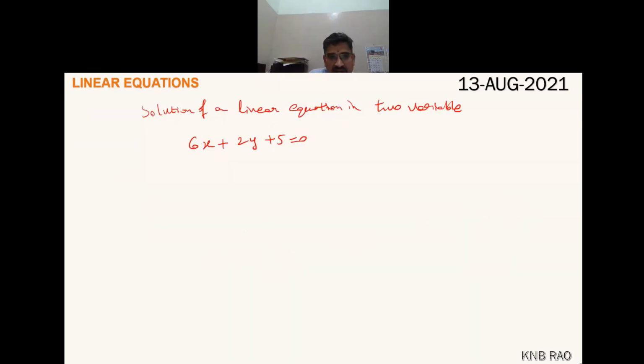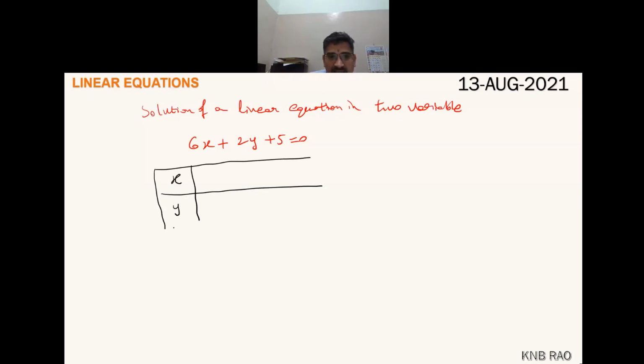See children, you cannot solve this equation unless you consider some numbers for the variable x, and that results in the value for the other variable. Once again, I'll repeat the sentence.